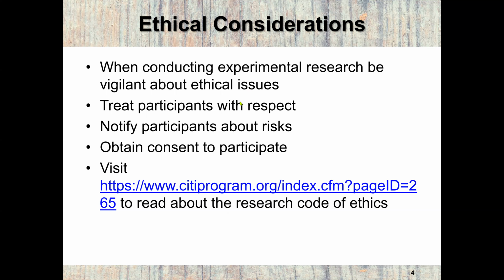And most important, we have a lot of regulations or rules that we need to follow when we are doing experimental research that involves human beings. For example, when we are doing research in an institution, such as a thesis or dissertation, we may need to sign the IRB.